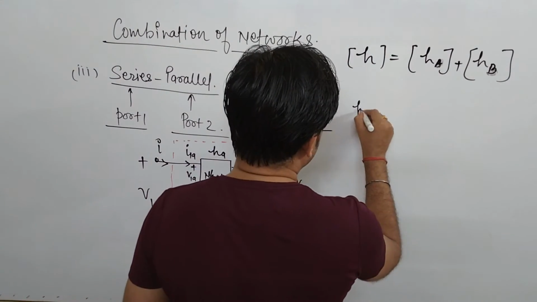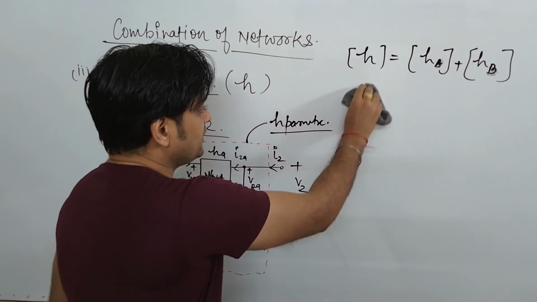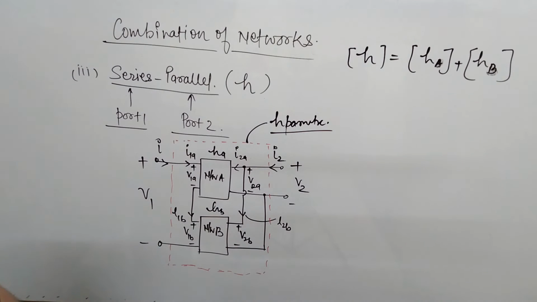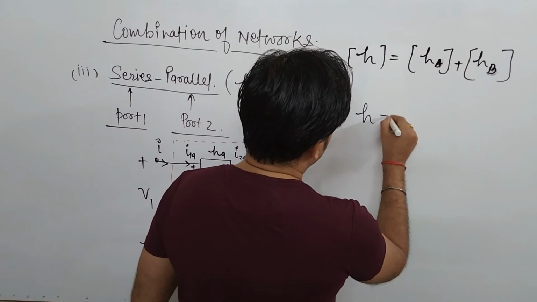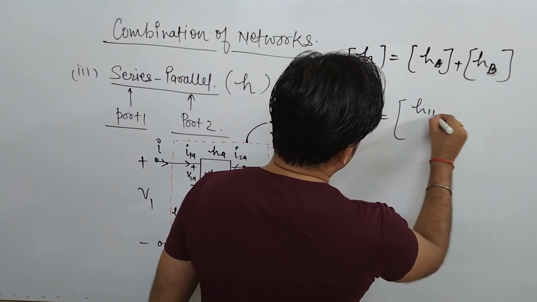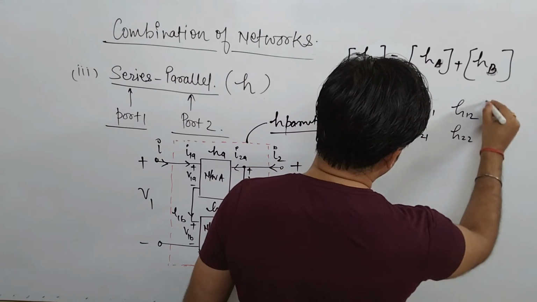First of all, we will write the H matrix. This H matrix is given by H11, H12, H21, H22.